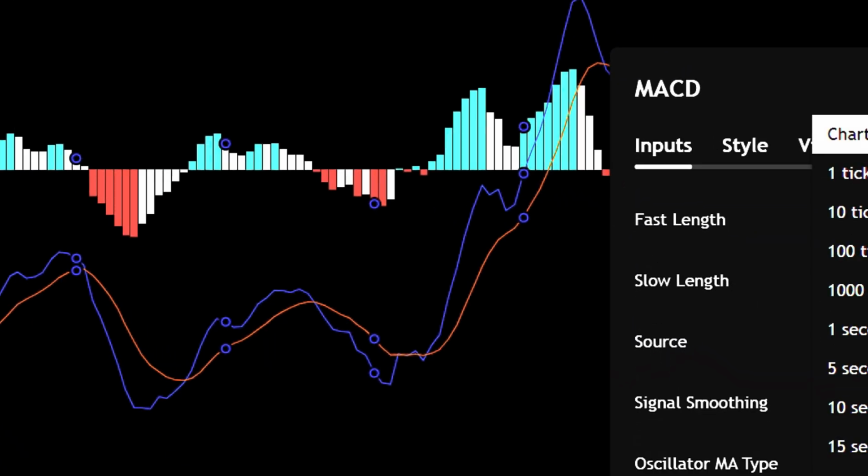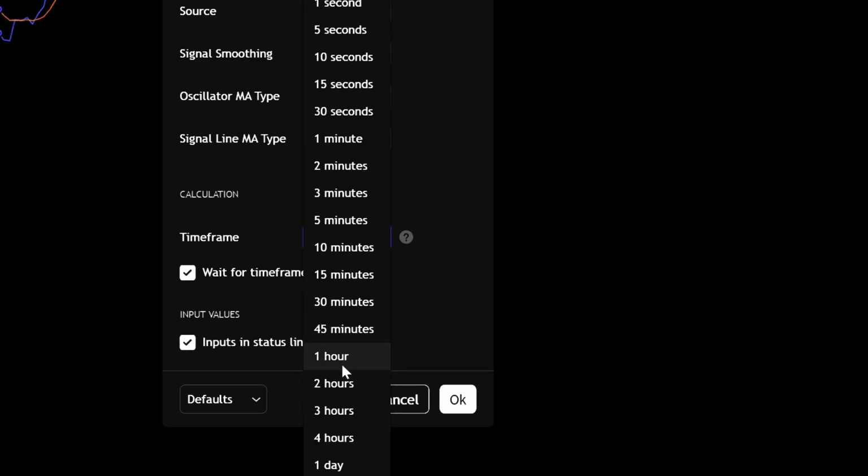So back into the settings. First thing, and this is the key, under inputs, change the time frame to one step higher than your chart. So we're looking at a 15-minute chart here, so I'll set that MACD to 30 minutes. That way, our filter is looking at a higher time frame.